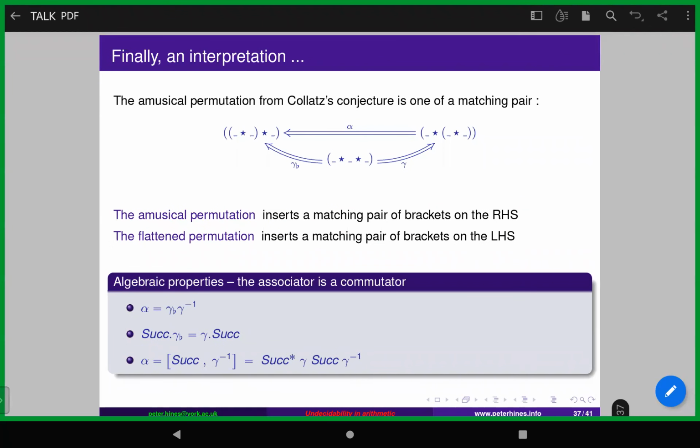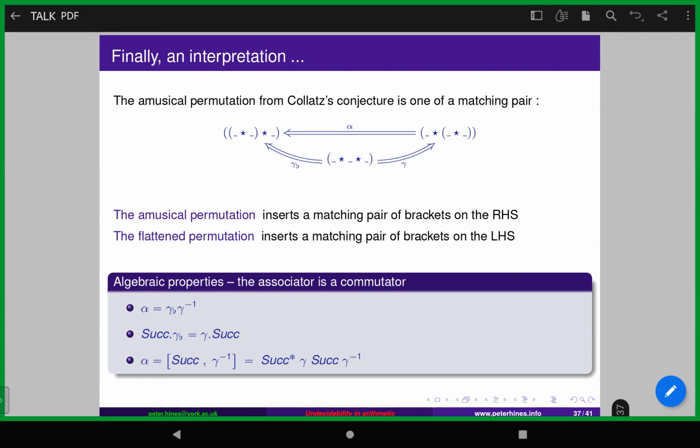And once we see this, we can start writing down some fairly simple algebraic properties. So we have rebracketing from right bracketing to left bracketing by deleting a pair of brackets on the right, so the inverse of the amusical permutation, followed by inserting a pair of brackets on the left, so the flattened permutation.